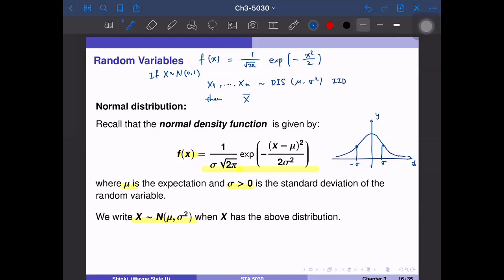Now, to be exact, (X bar minus mu) divided by sigma over square root of n approaches normal(0, 1), regardless of the distribution of Xi. So this is the so-called central limit theorem, and this theorem guarantees that many distributions are distributed as normal.